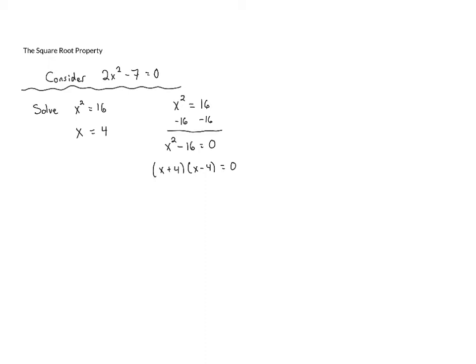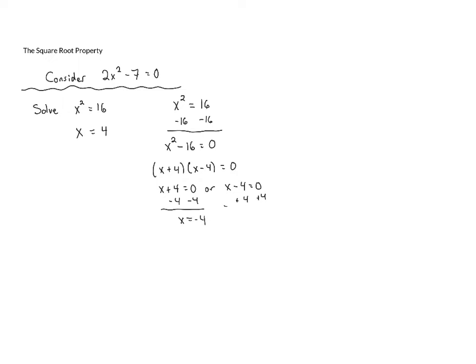Once we've done that, we can use the zero factor property and set each individual factor equal to 0. So x plus 4 equals 0, or x minus 4 equals 0. And then we can solve each of these equations. In the first one, we end up with x equals negative 4.